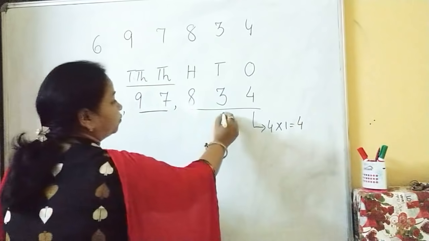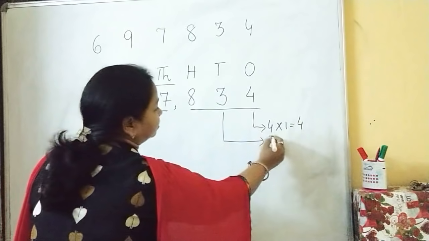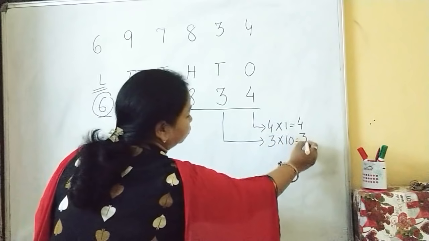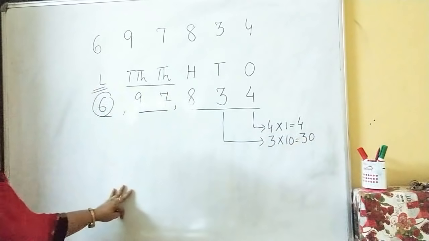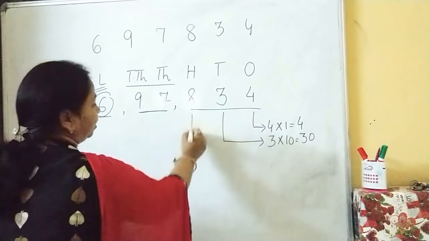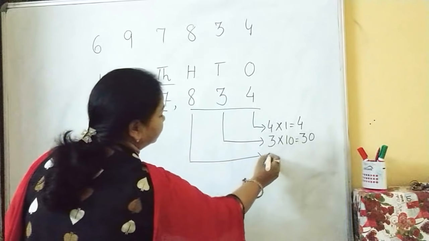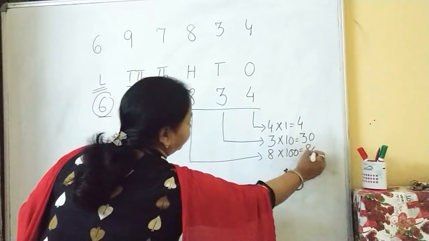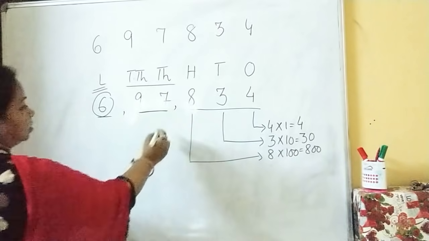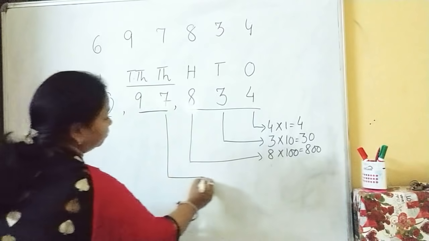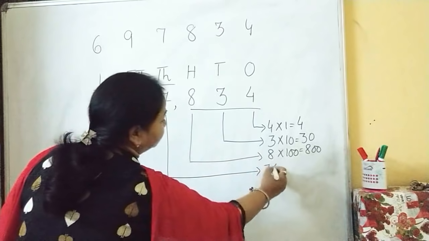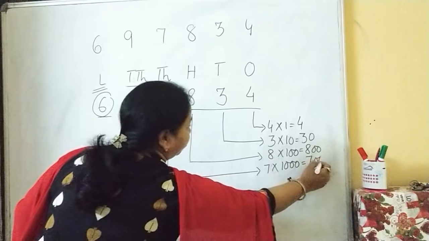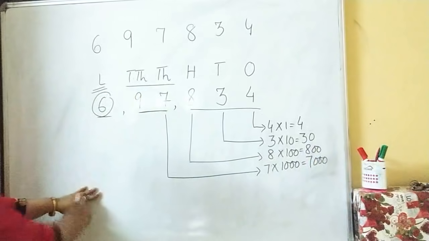The value of 3 at 10's place is 3 multiplied by 10, so it is 30. The value of 8 at 100 place is 800. The value of 7 at 1000 place results in 7,000. I hope the board is clear to all.